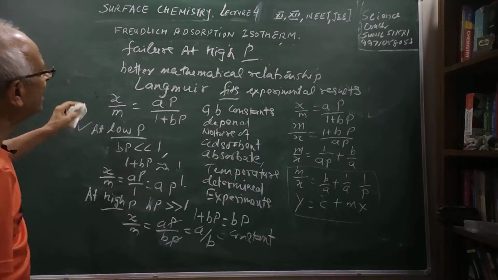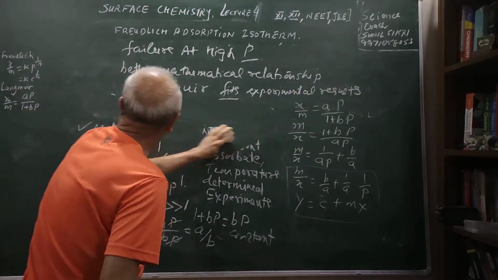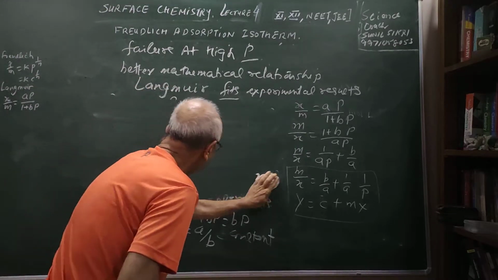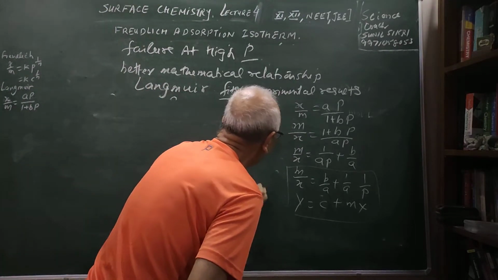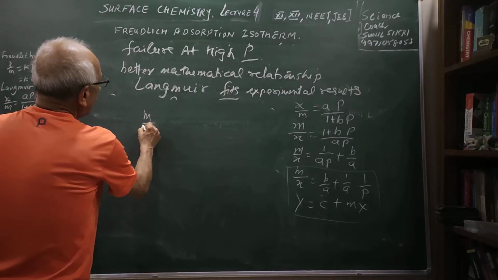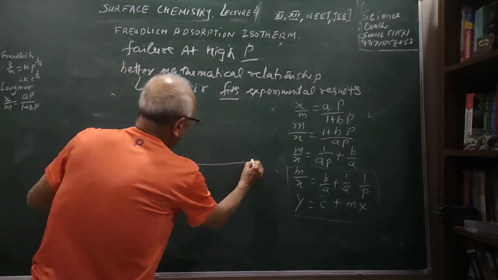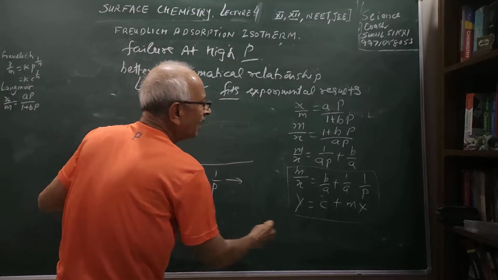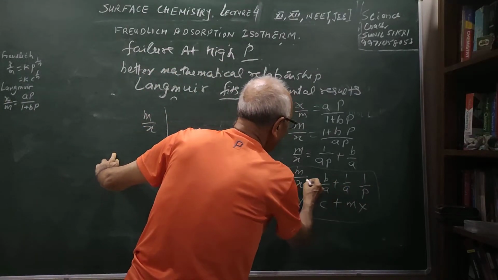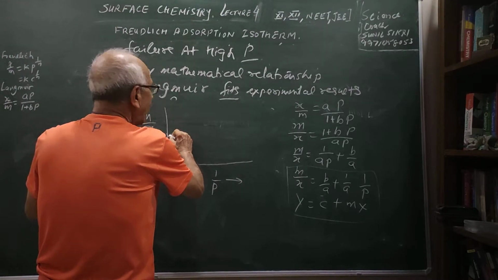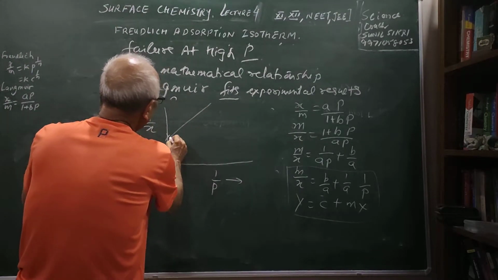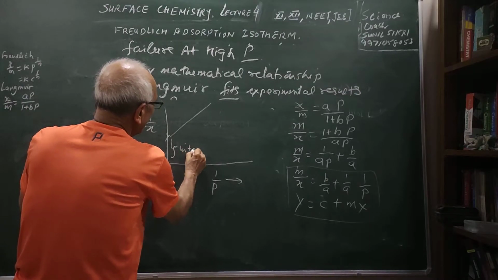Again, I can make a graph of this and find the values of A and B. I make a graph of m by x versus 1 by p. When 1 by p is 0, then m by x is nothing but B by A. So the graph will look something like this. This is my intercept.